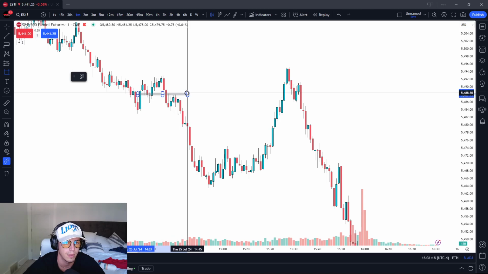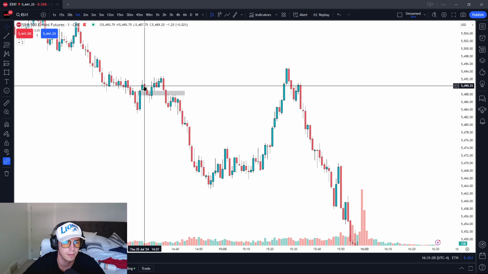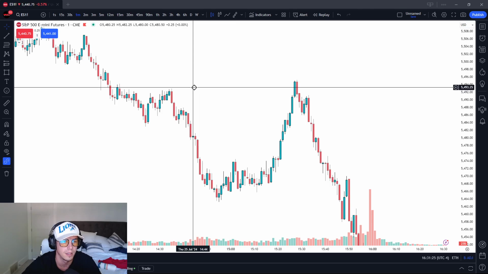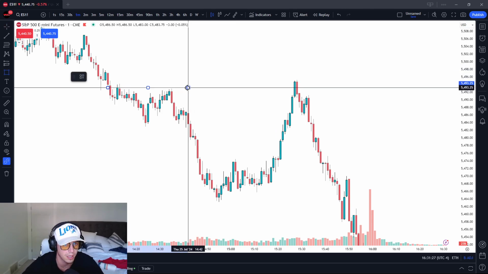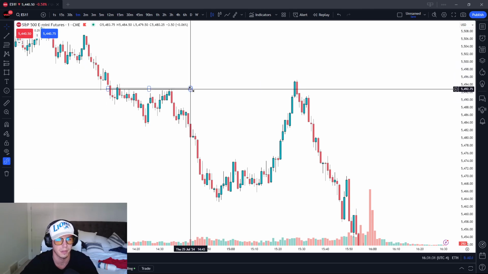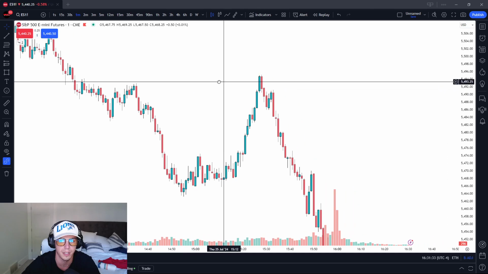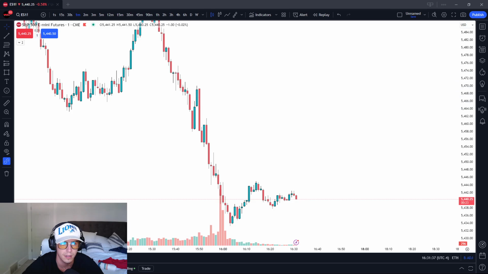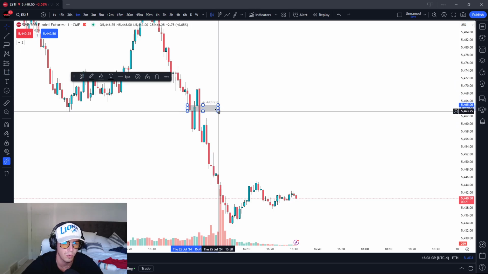Okay. We had a long setup here. Pull back. Regression short. Move back up a little bit. We had some short setups right here. Rejected multiple times. That would have been a nice regression long opportunity. Okay. Down here, this would have been a good play.